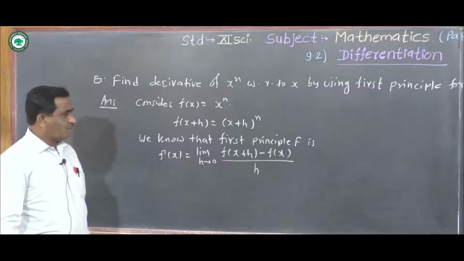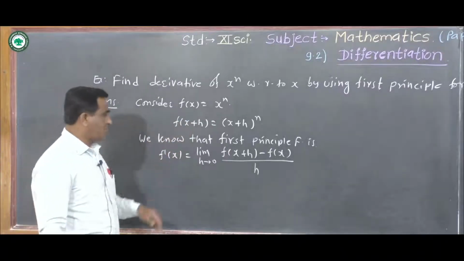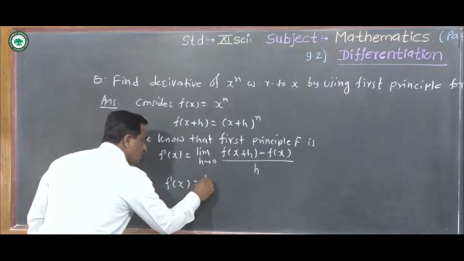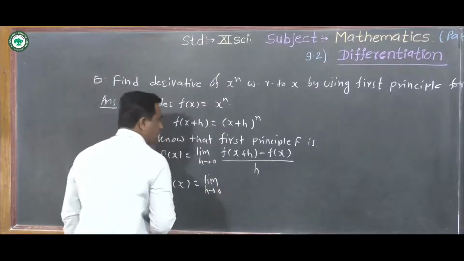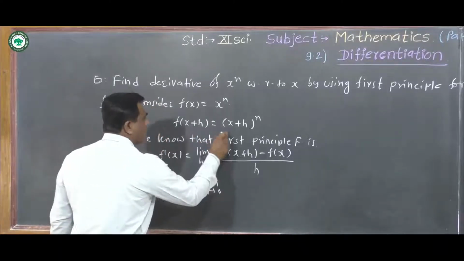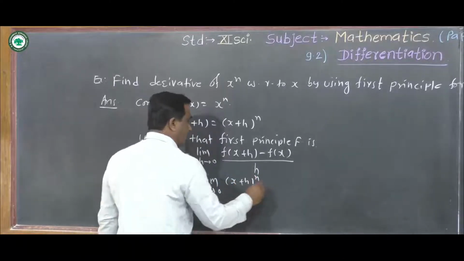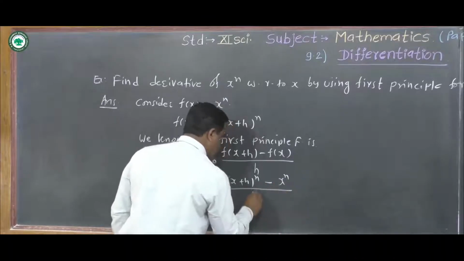Okay, now this is the first principle formula. Put the values of f of x plus h and f of x here. Then we can write f dash of x is equal to limit h tends to 0, (x plus h) raised to n minus x raised to n upon h, as it is.